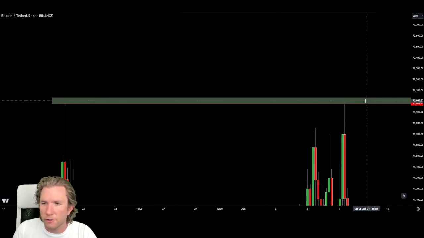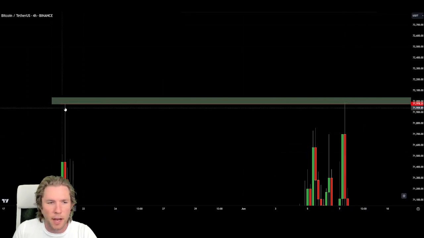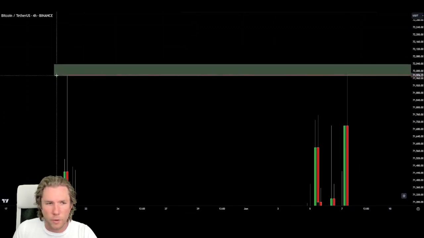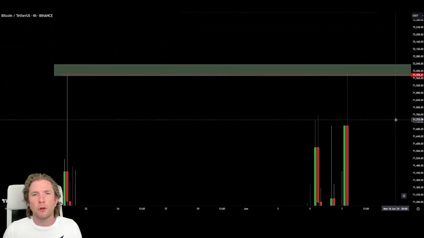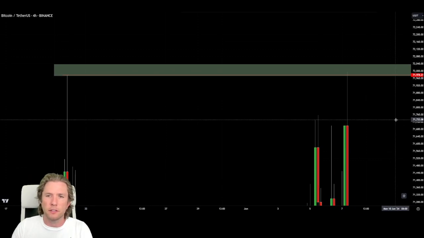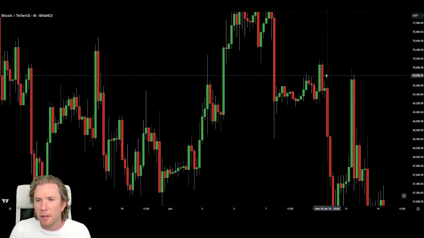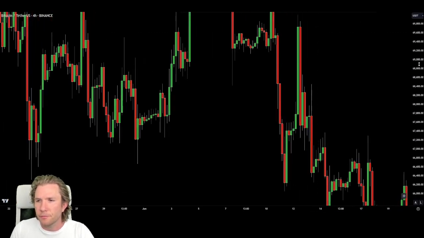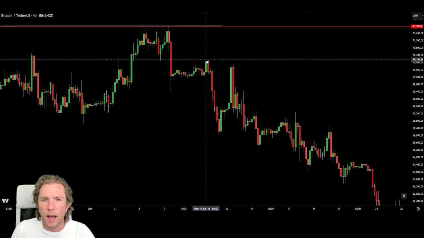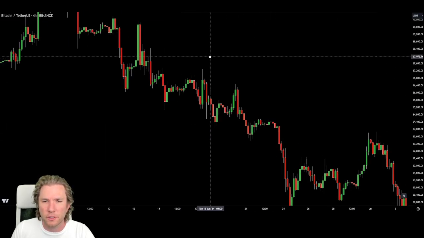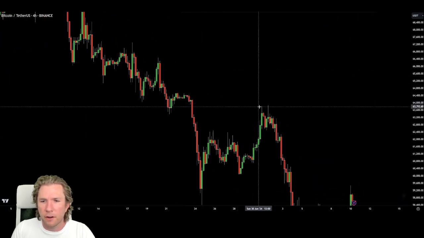At 72,000, there was a big wall. We came up and just swept the high of this candle. I call this trade the liquidity sweep trade. Some people call it the Canfield trade because I've made it popular on Twitter. I've posted about it 1,000 times. I would have expected this high to get run with this candle here for a short setup, but they did that right over here too.